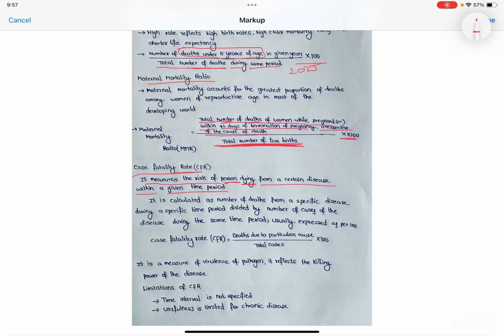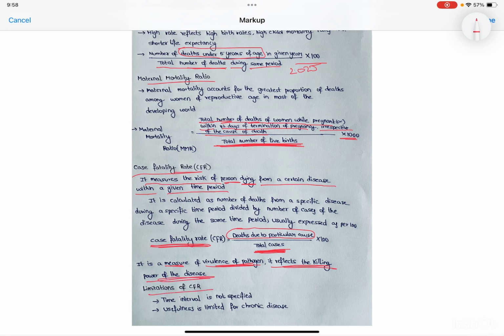So, of the total number of cases of rabies, how many people are going to die due to the disease. So case fatality rate measures the virulence of the pathogen, it reflects the killing power of the disease.